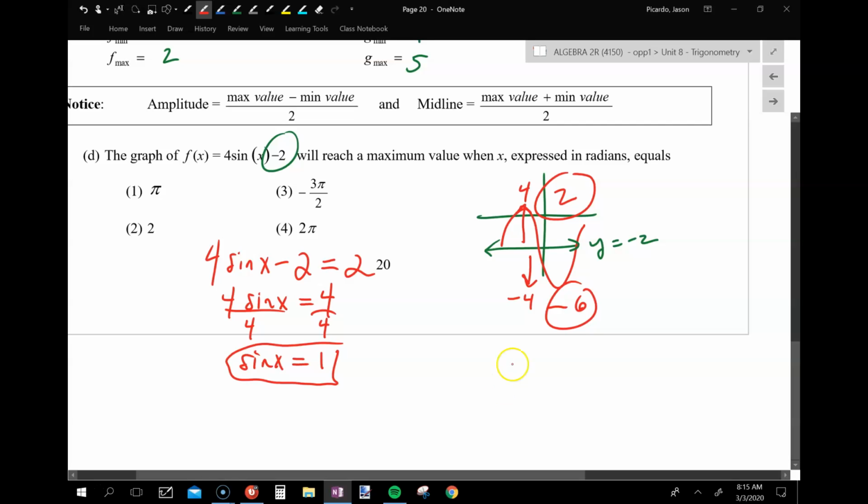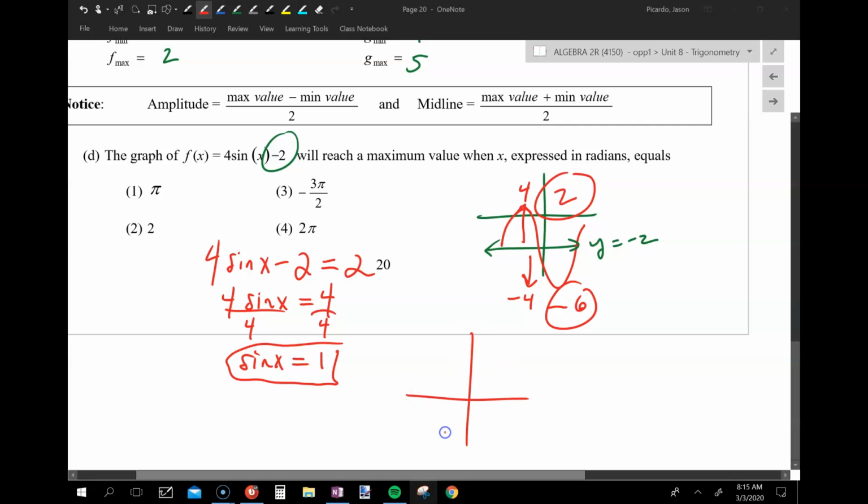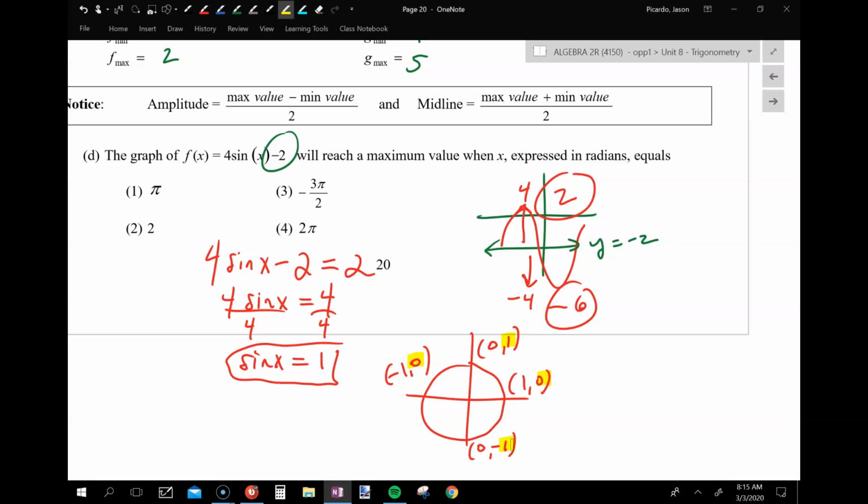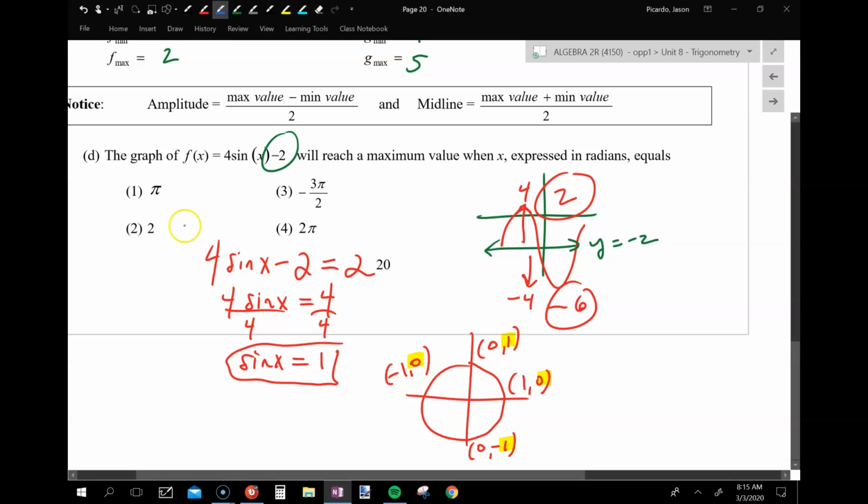When does sine equal 1? At 90 degrees. Is that a choice? Okay, well, where is pi?